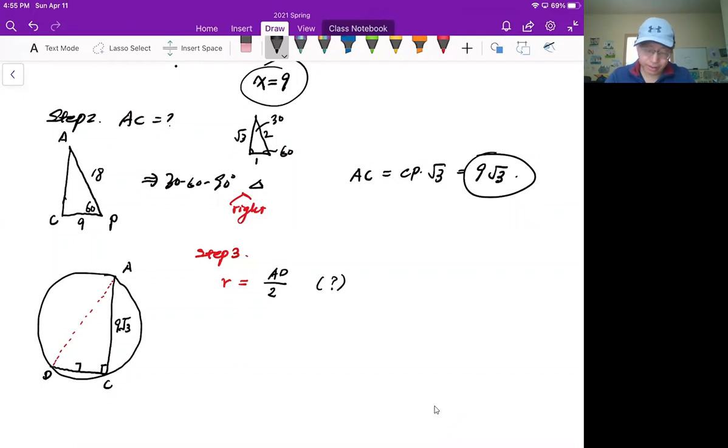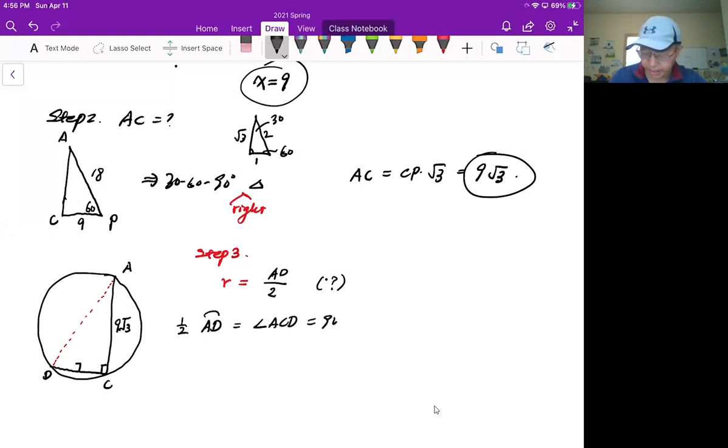So let me write down the argument a little bit. Okay, so let's see. Give me a second. All right, so why does the argument work? Just because 1/2 of the arc AD is the angle ACD, right?